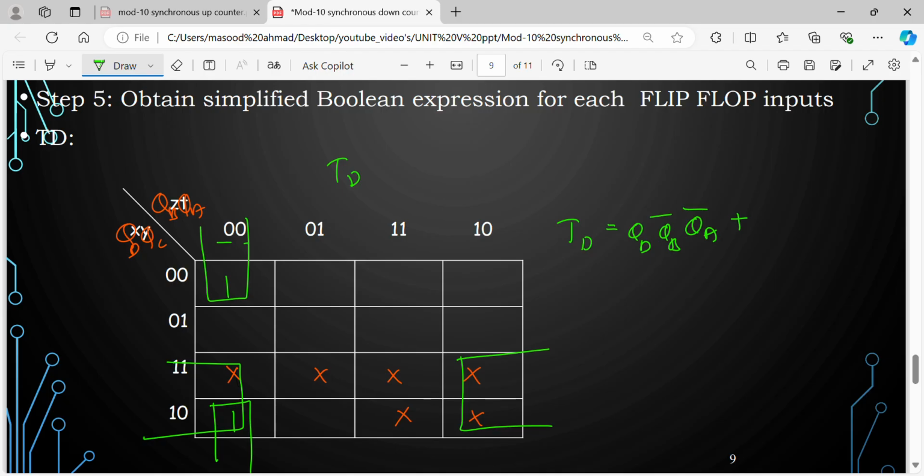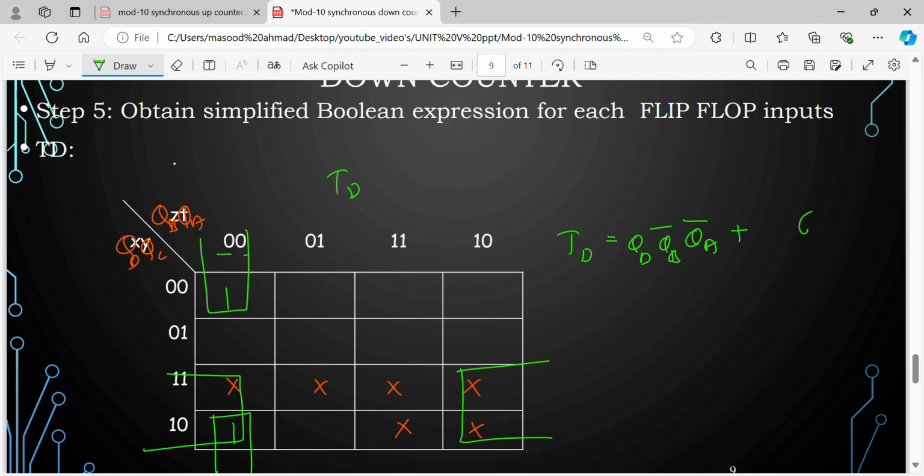So I can write the expression as QA bar, QB bar and QC bar. Okay. Instead of combining these many times, just a small correction here.